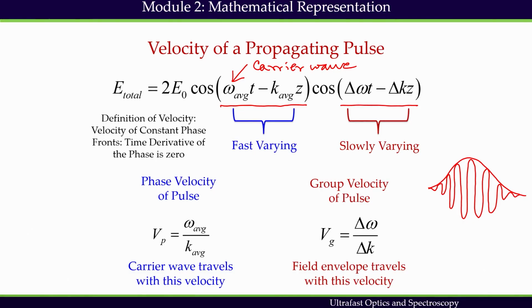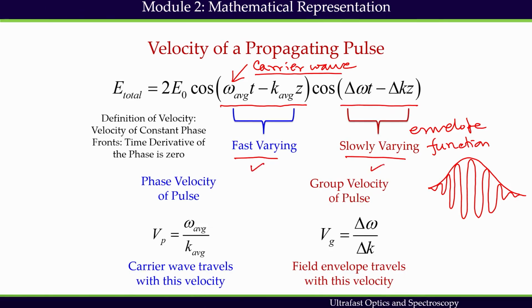The velocity of a pulse is defined based on these two components, associated with the fast varying and slowly varying components. Mostly this has been approximated to an envelope function, and this is representing the carrier wave, and we will define the velocity with respect to these two components.